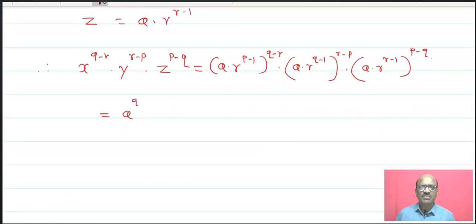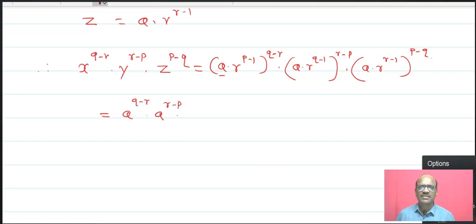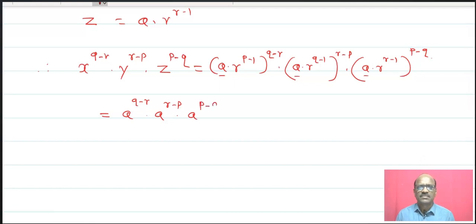Now if we simplify this, then you will get, first, we will collect the a terms. Here a raised to q minus r, here a raised to r minus p, and here a raised to p minus q. These are the values of a.